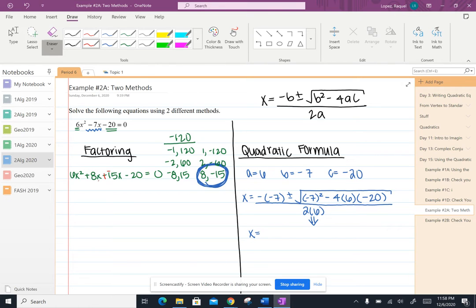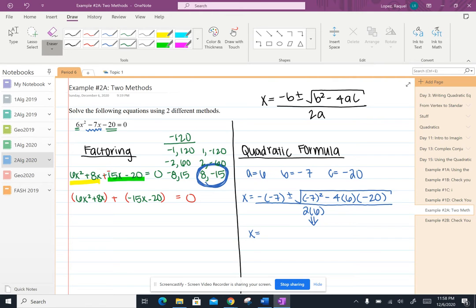So I'm going to group the first two terms together, and I'm going to group these two. What that looks like is two sets of parentheses with a plus sign between them, equal to 0. I have 6x squared plus 8x in one, and negative 15x minus 20 in the other.